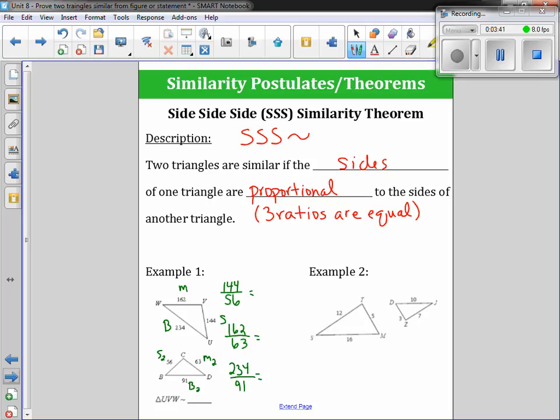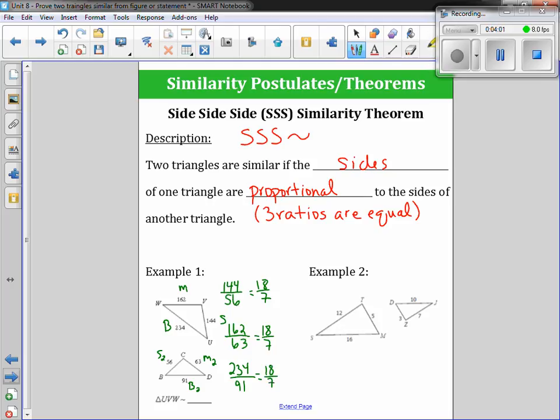In the first case, I get 18/7. And in the second case, and in the third case.